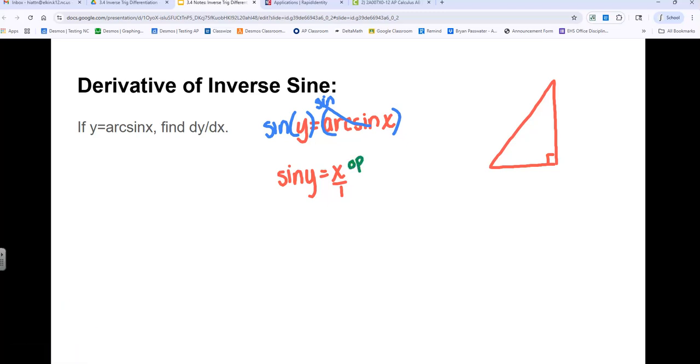So this is opposite over hypotenuse, right? So if I labeled my triangle over here, I can pick either one of these angles to be y. I'm just going to call this one right here y. Y has to be an angle because you're taking sine of that angle. And so if this angle right here is y, then the opposite side over here would be x, and the hypotenuse would be 1.